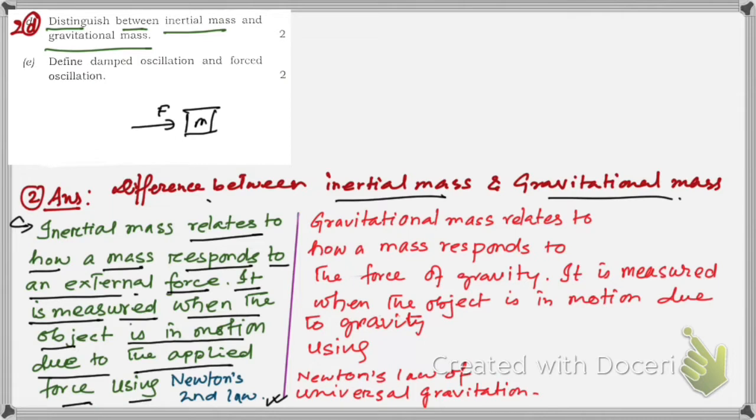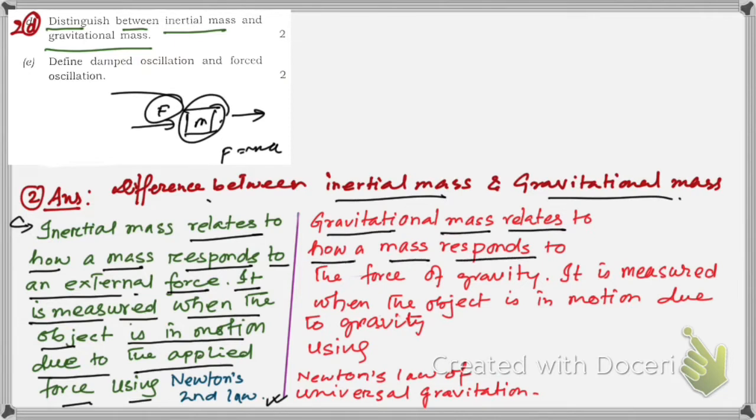It is measured when the object is in motion due to the force F, using Newton's second law, F equal to ma. Gravitational mass relates to how a mass responds to the force of gravity.